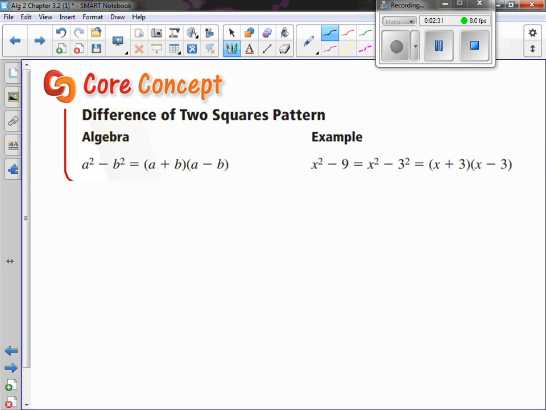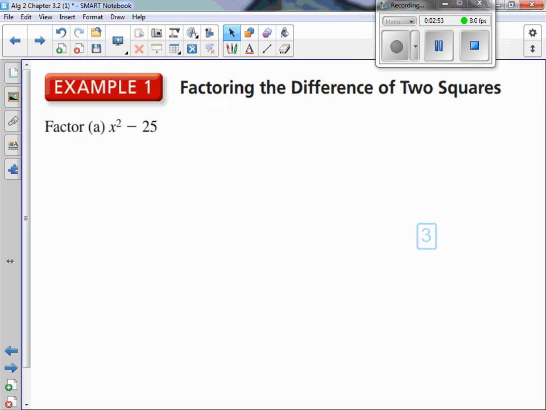So their example is x squared minus 9. Well, x squared is a perfect square, x times x. And 9 is 3 times 3. So I can rewrite it as x squared minus 3 squared, which would be x plus 3 times x minus 3. We use this form to solve, so we'll look at some examples of this.